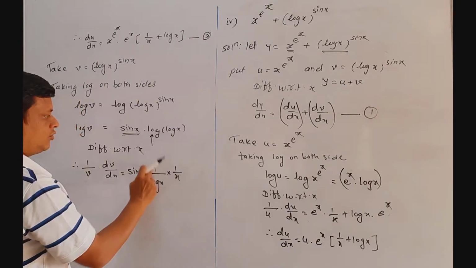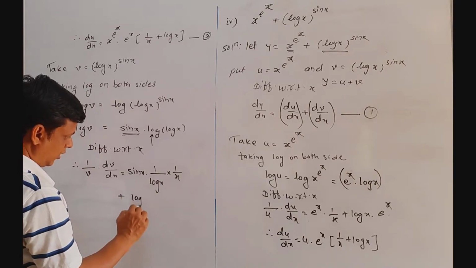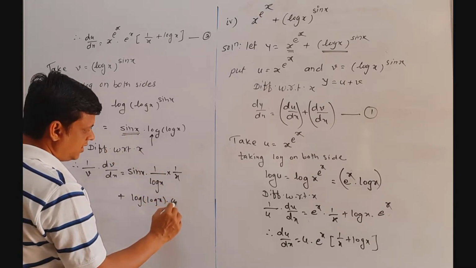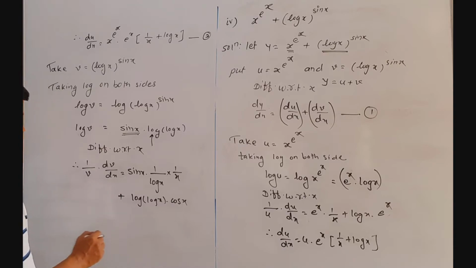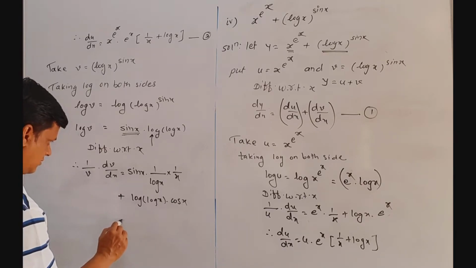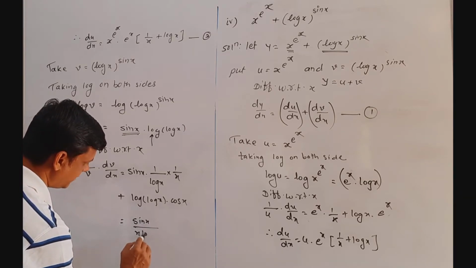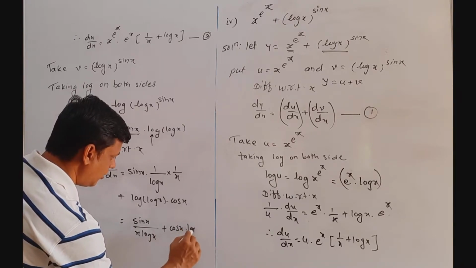So first function into derivative of second, plus second function, log of log x, into derivative of first. The derivative of sin x is cos x. So write this as sin x upon x log x plus cos x into log of log x.